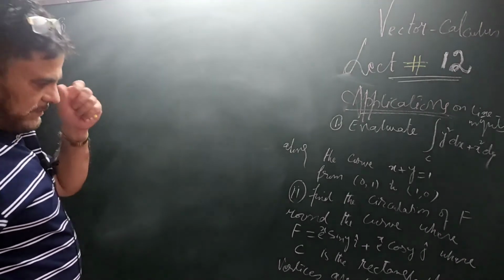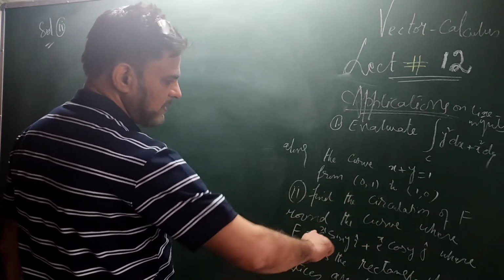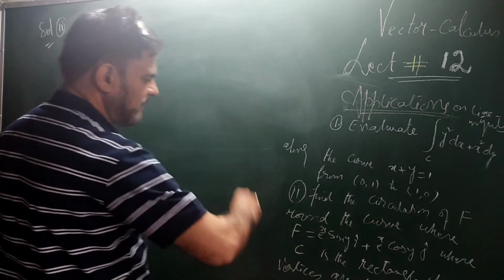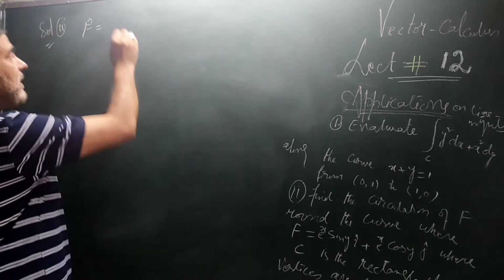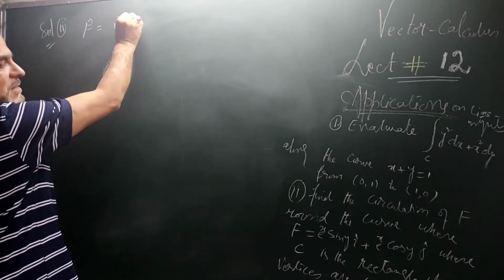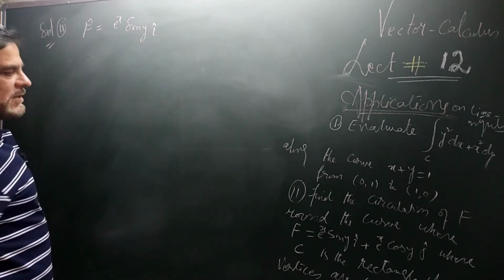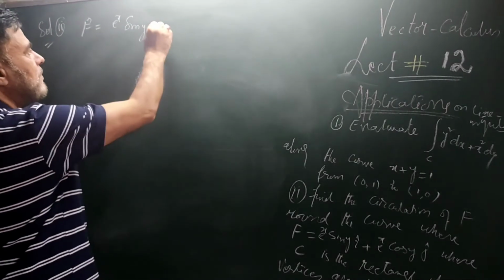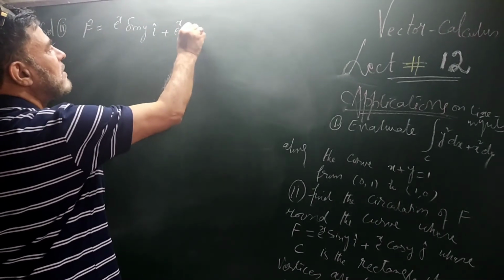What is the second? I will write it if it is not visible. It is: find the circulation of f around the curve, where f is given by e raised to power x sin y i plus e raised to power x cos y.